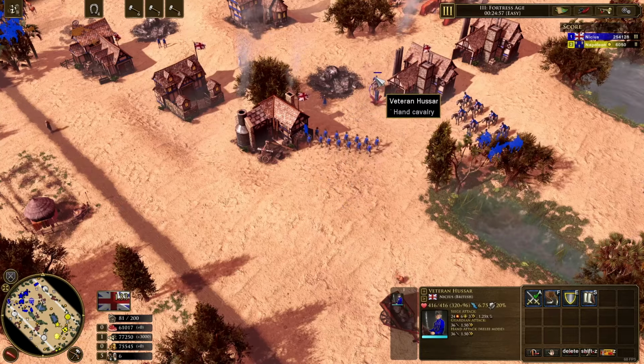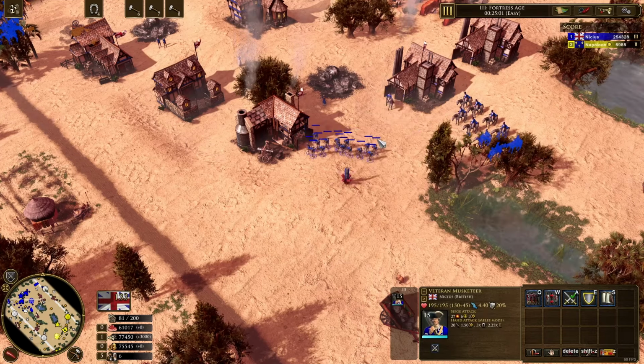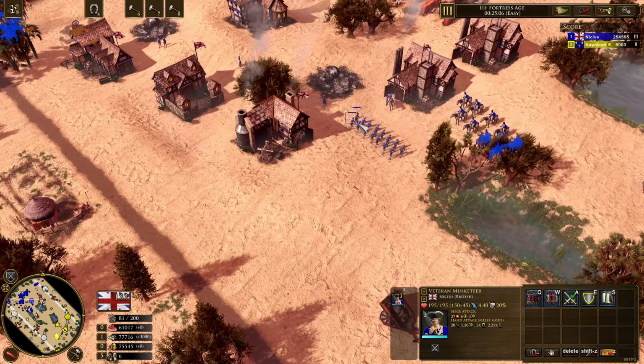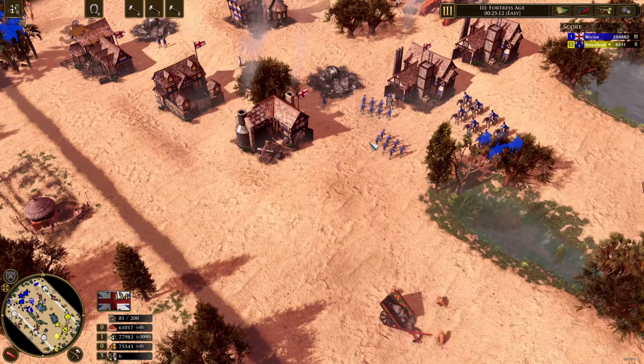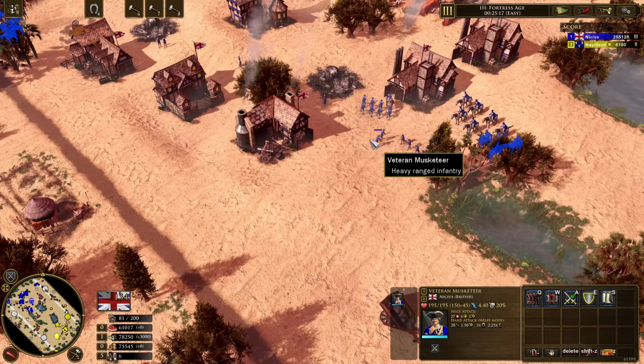If they're going to follow just one Hussar, you know that he did not attack move, since attack move is where each and every unit is going to attack the unit which is closest to the other side. So these musketeers would, for example, attack this Hussar, while these would probably go to this Hussar because it's going to be closer.